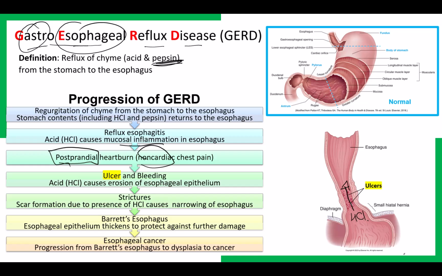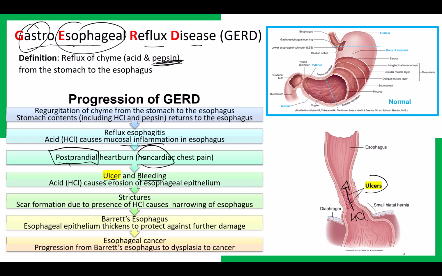If the reflux esophagitis goes on for a long period of time, it can actually cause an ulcer, and we'll look at that more in detail with the next recording. So it can cause ulcers, which is an erosion of the deeper esophageal layers, and it can cause bleeding as well because there are blood vessels just under the epithelium layer, right?